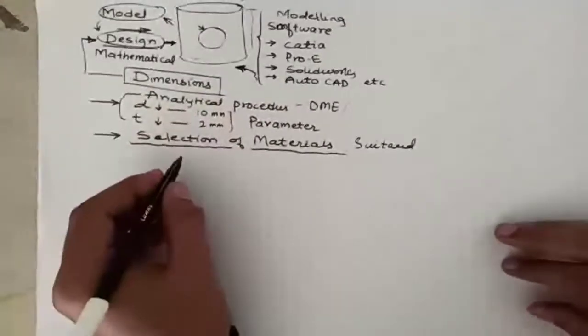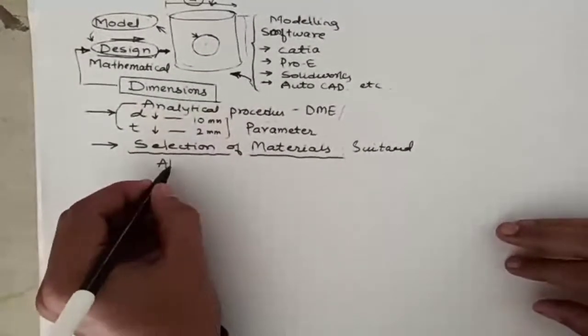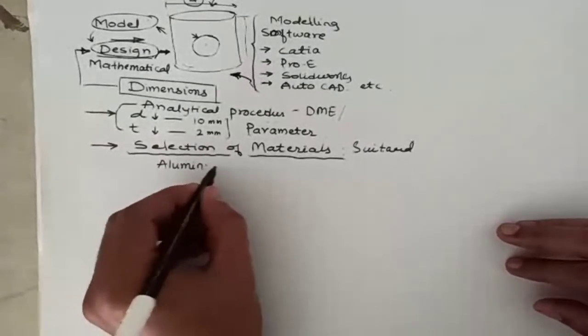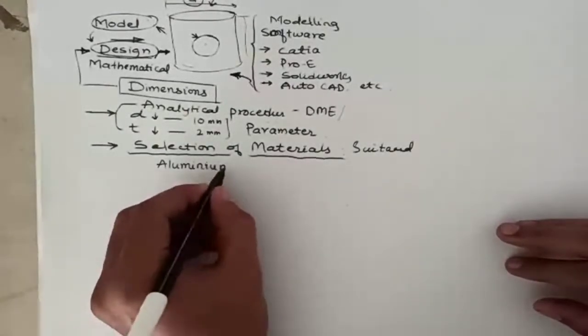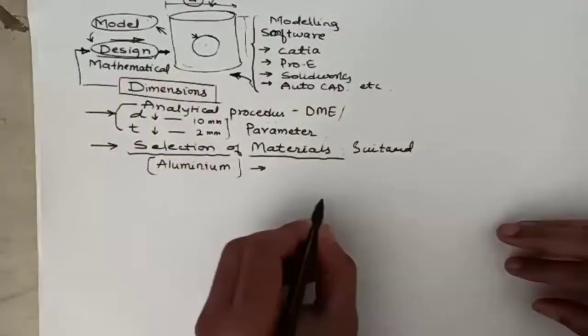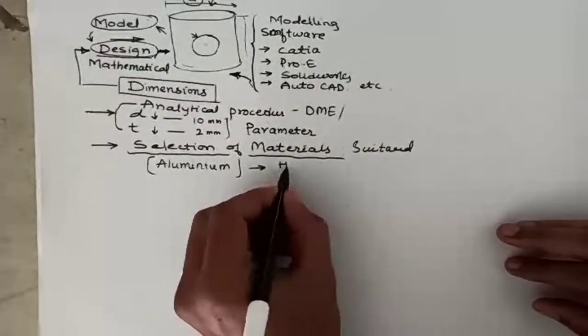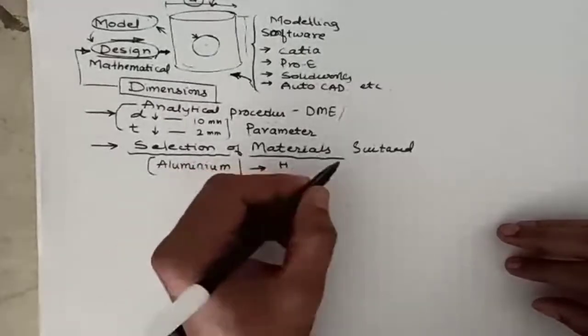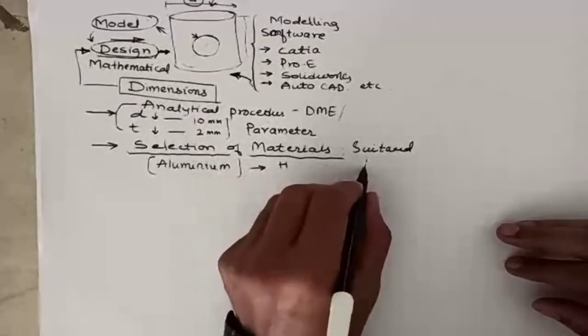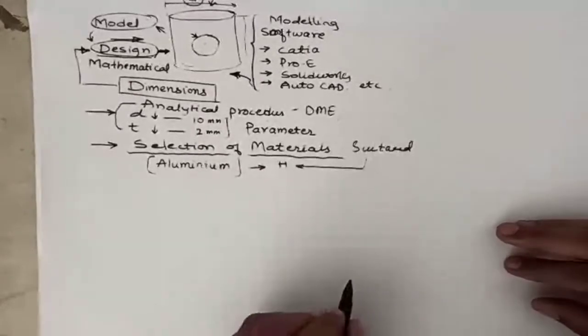Now I will say aluminum is the best suited material for the piston. Aluminum, why? Because by considering the strength, durability, and thermal resistivity, all these factors make me select aluminum.